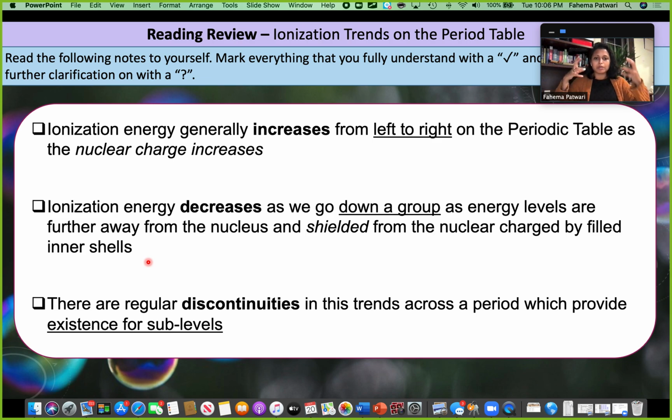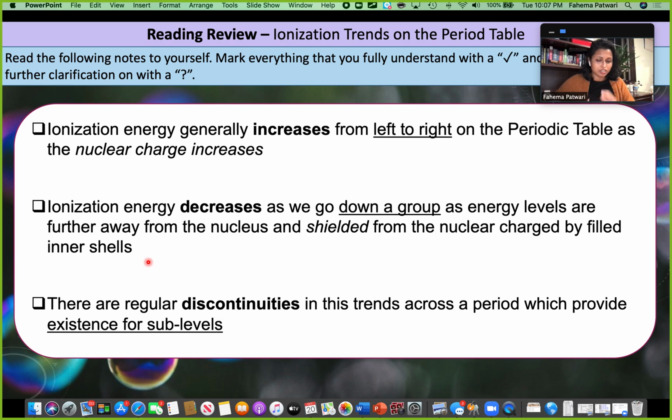As your atom gets bigger, with more energy levels, the outside electrons are more easily removed, so your ionization energy decreases as you go down. Those are the 2 general trends: ionization energy increases as you go across and decreases as you go down. But there are some discontinuities.